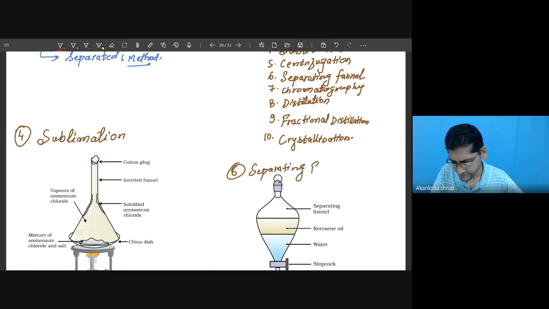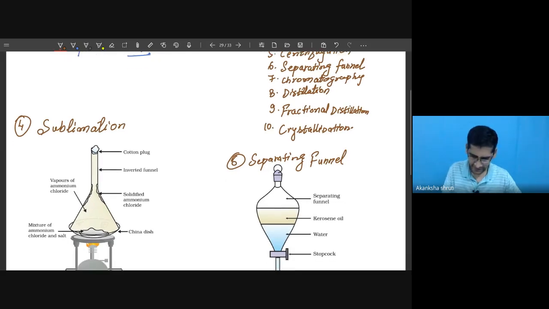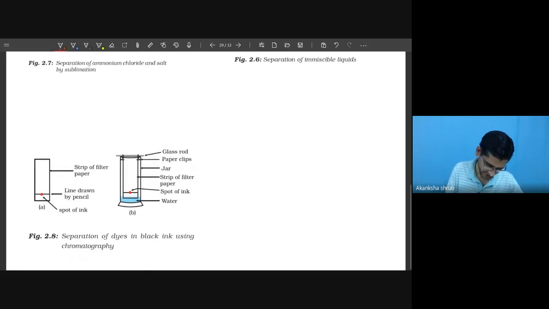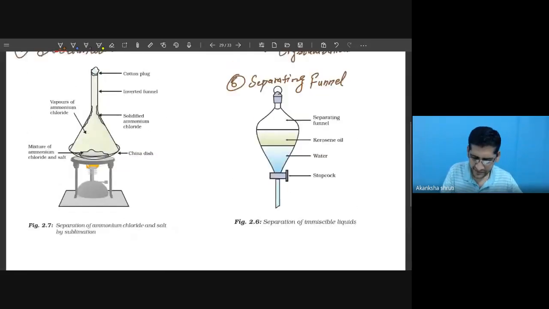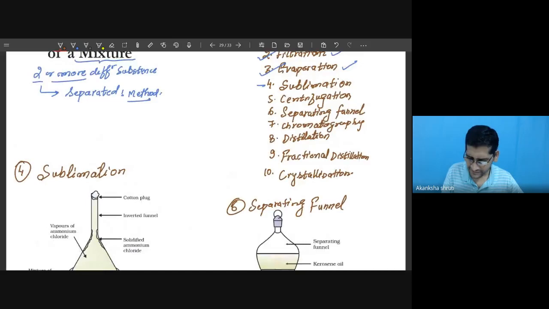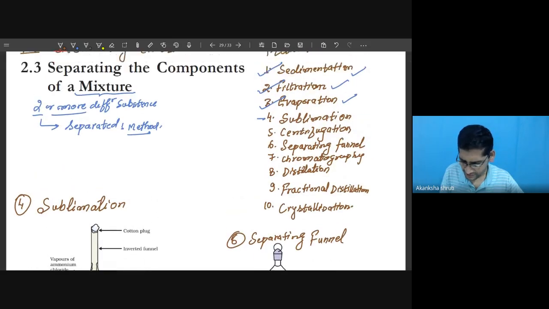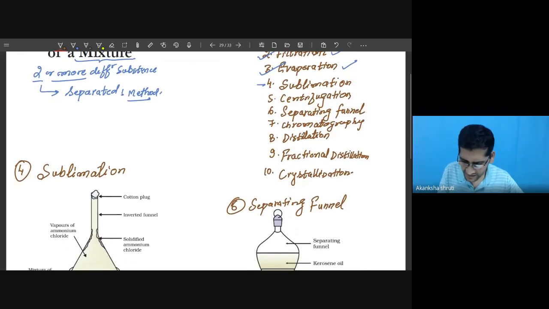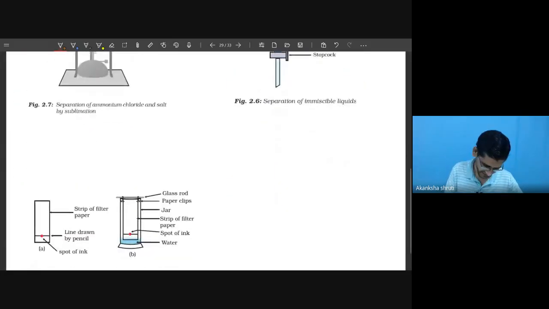And this figure we have taken is for chromatography, the seventh.